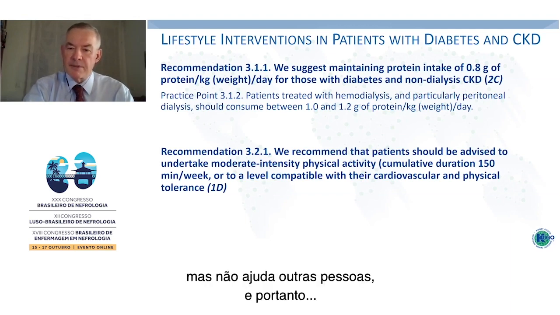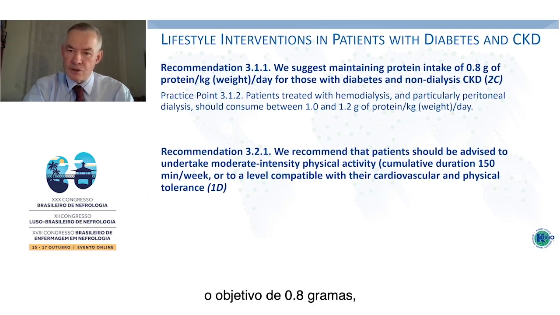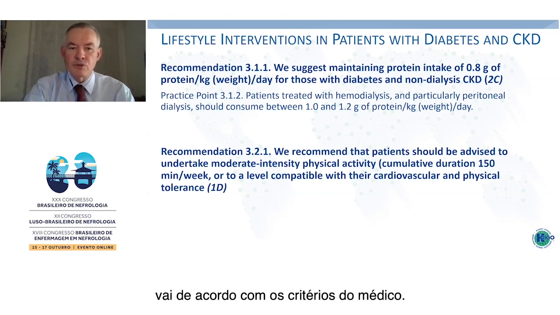It may help in certain individuals, but it will not help other people. And therefore, the goal to go to 0.8, which is more or less a normal protein nutrition for normal weight people, is rather according to the discretion of the physician. There are some practice points which go further in detail into hemodialysis and particularly peritoneal dialysis.